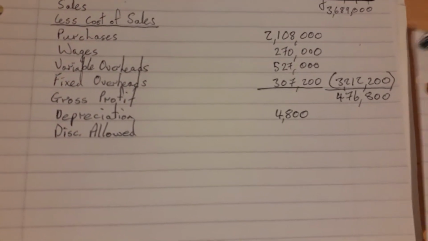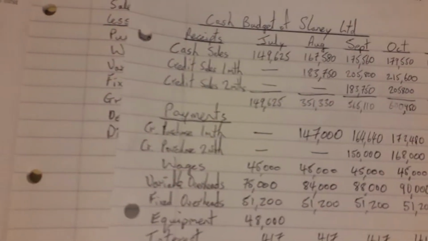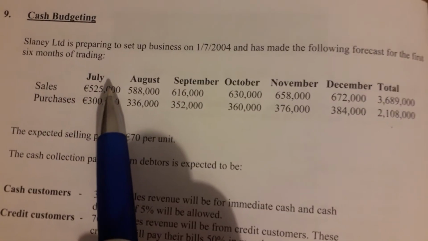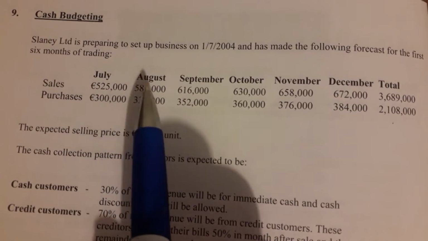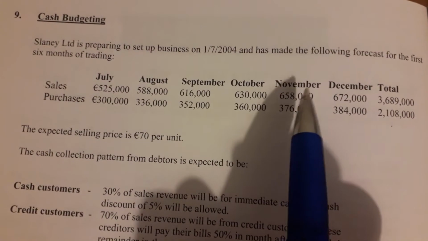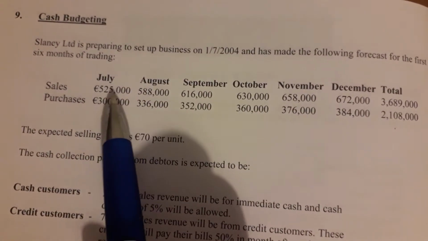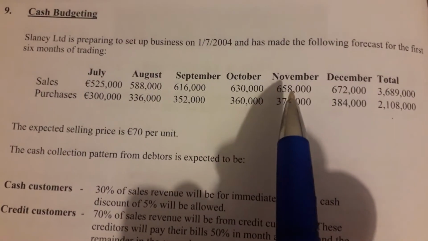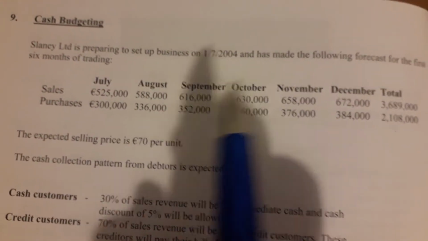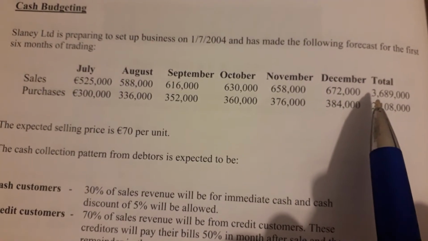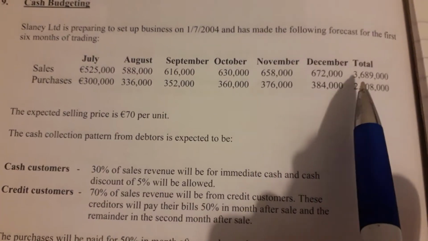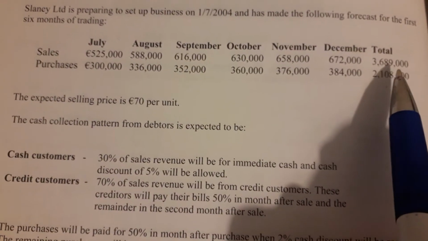Now how we calculate the discount allowed is the discount that the company allowed on any cash sales that it did each month. So if we wanted, we could calculate the discount allowed for July and August and September and add them all together, or a quicker way would be just to take the total sales figure here of 3,689,000, work out how much of that was cash sales.